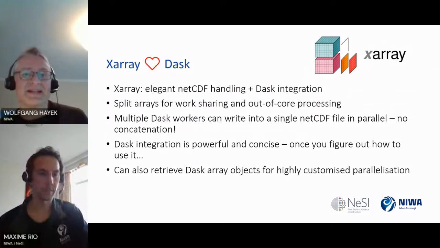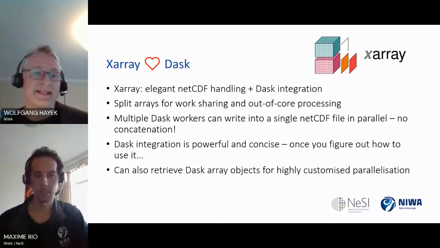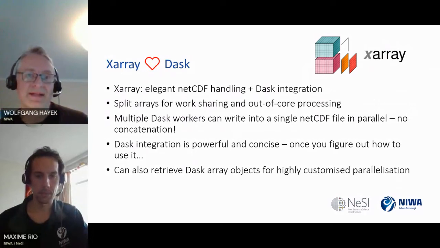I'll show you some code in a second. Xarray loads a NetCDF file for you, and it's very easy to get Dask to work on the NetCDF data in parallel. It does it in a work sharing fashion, so you can slice up your array into bits that are then processed by the different workers, and you can also do this out of core, which was useful for this case because we had hundreds of gigabytes of data.